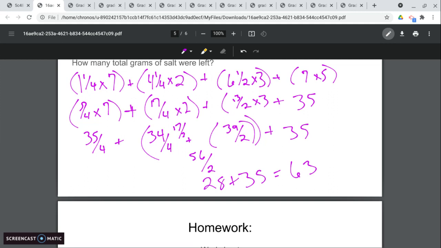Let's see, it can't go in 9 times, so 8 times, with 3 left over, so 8 3/4 plus our 63. So 63 plus 8 is 71, so 71 3/4 grams is how much is left over.